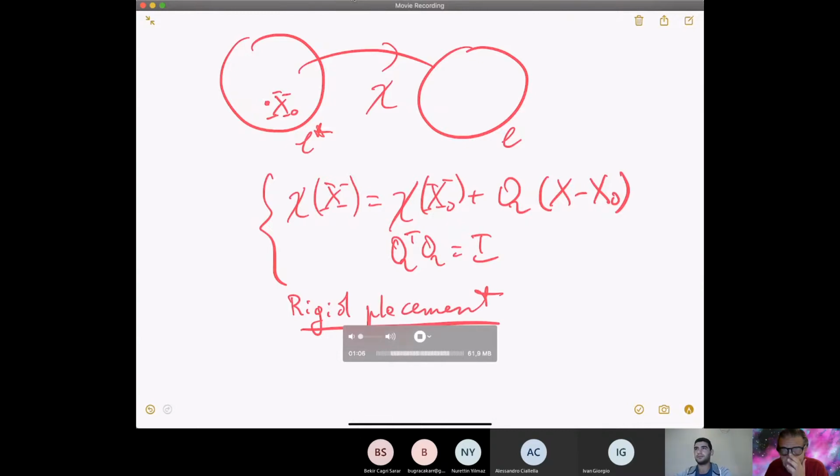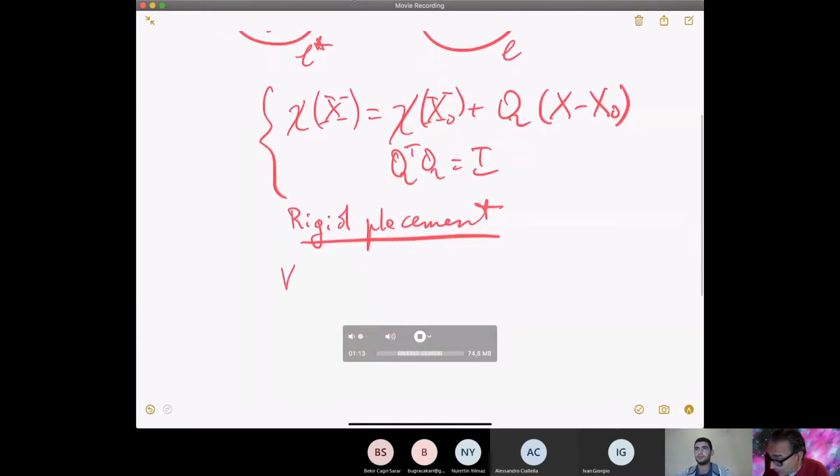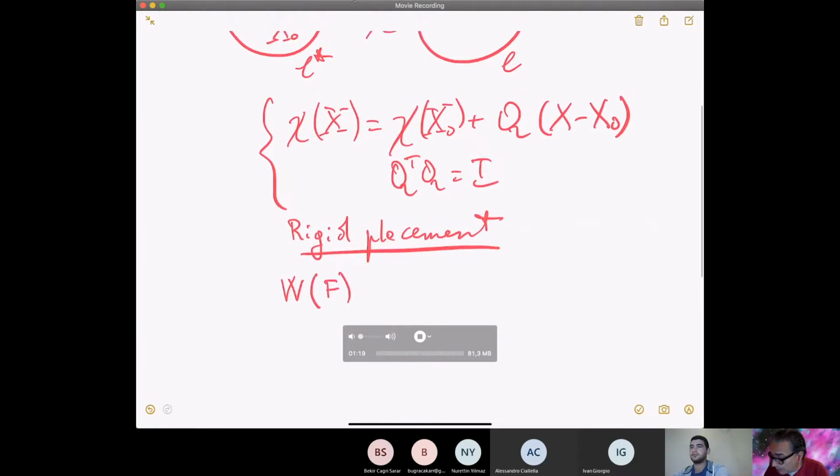Okay, we have said that our density W of F has to be equal to 0.